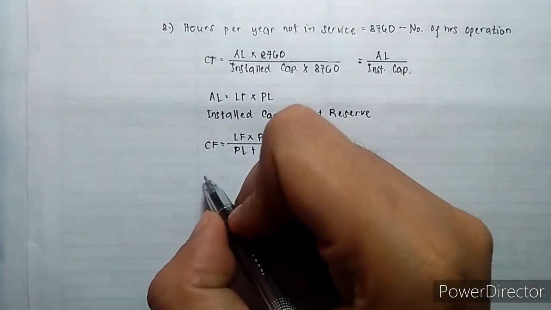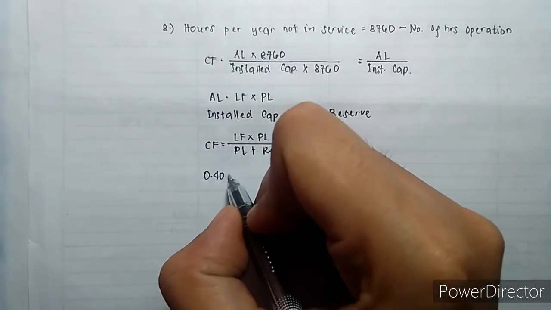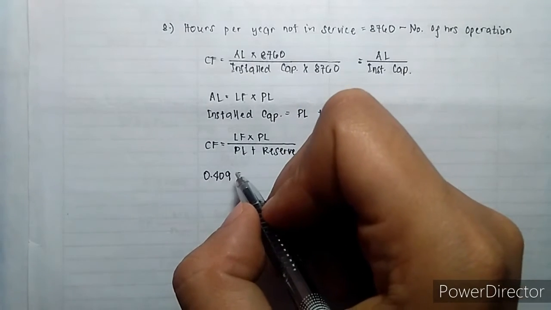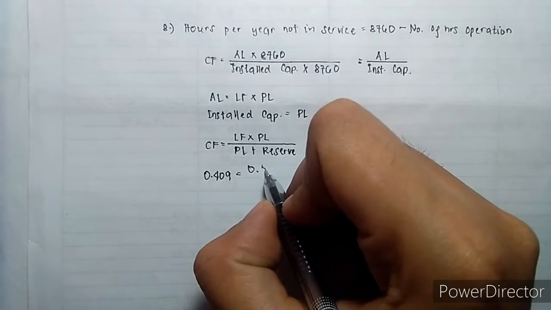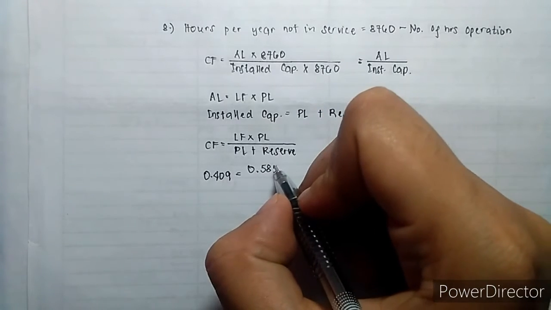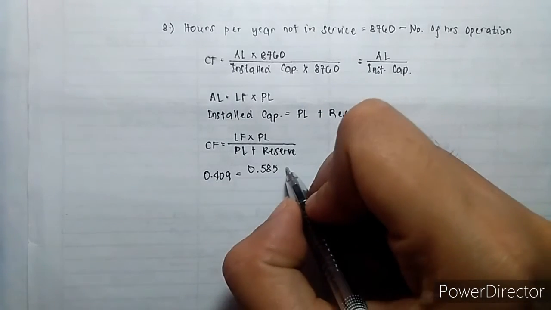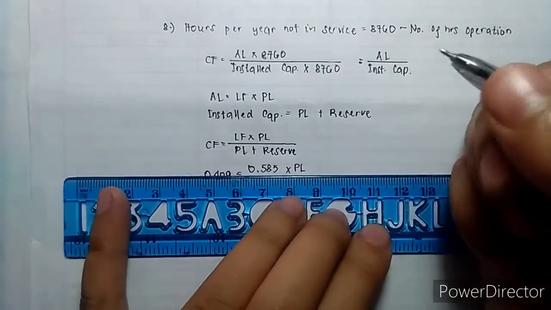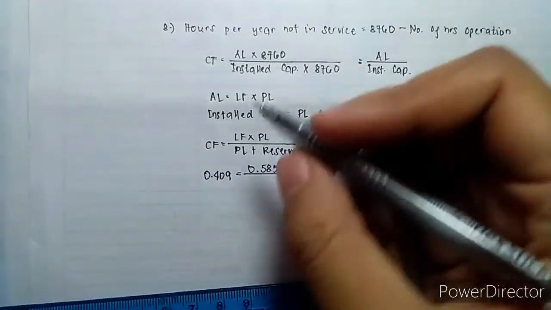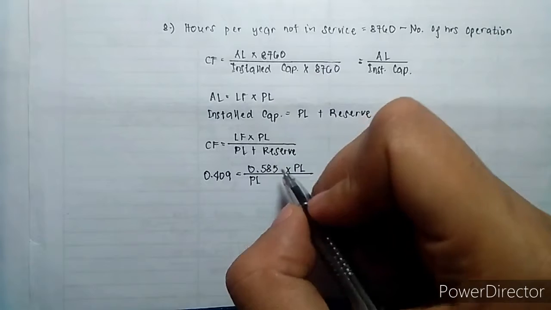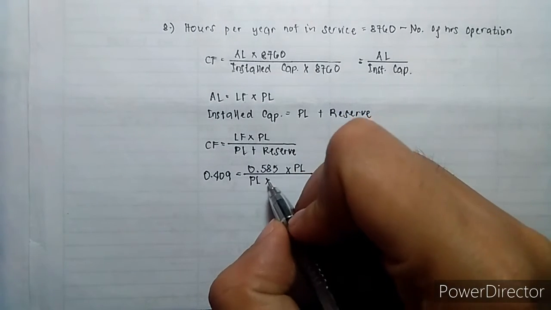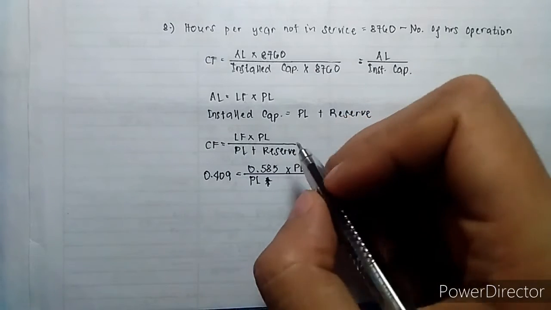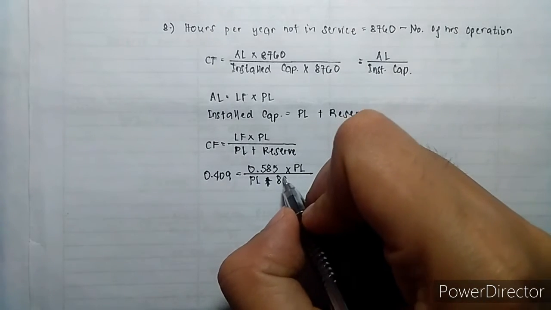The capacity factor 0.409 is equal to the load factor of 0.585 times the peak load over the peak load plus reserve 8,900.